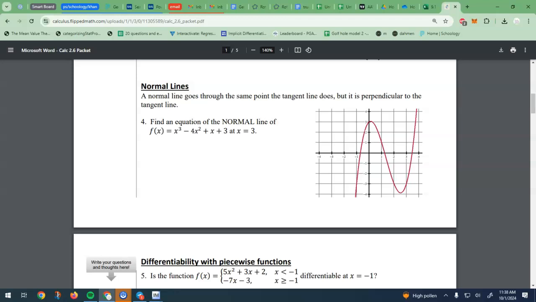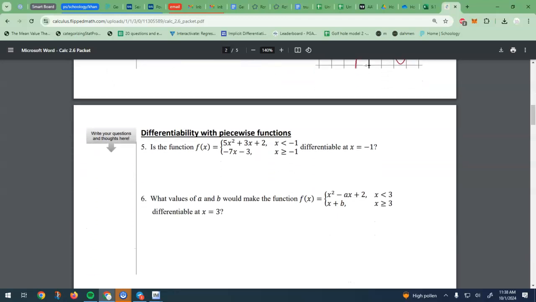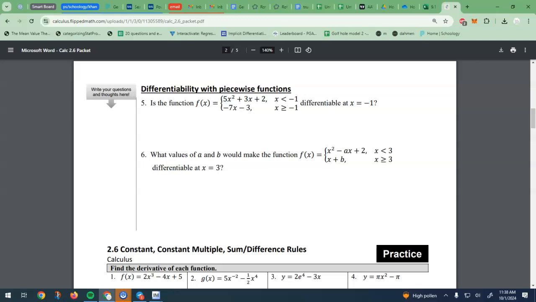Alright, piecewise. Keep grinding. So if it's going to be differentiable, this is a piecewise function. If I have that, is it possible that it could even be differentiable? So the y values have to be the same first. If I have that, is it differentiable?